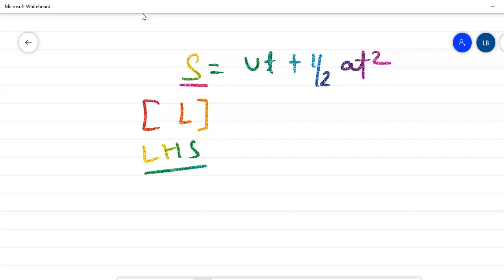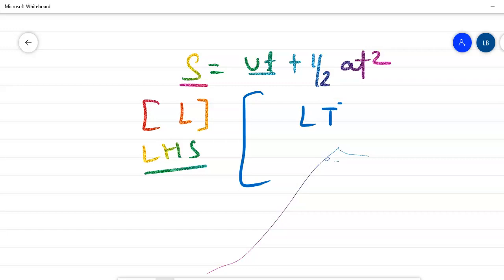For ut, the velocity dimension is L T inverse, multiplied by T. So ut carries a dimension of L. T inverse cancels out, so only L.